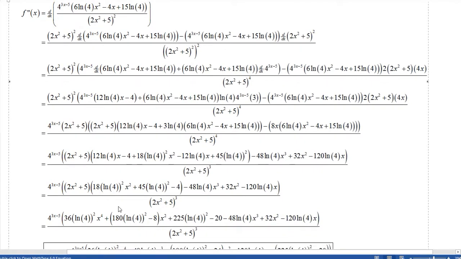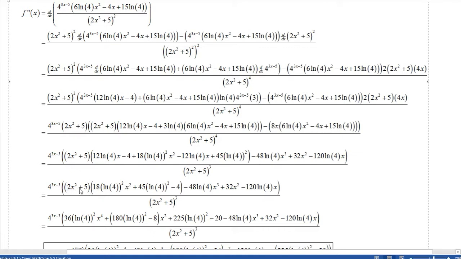And now combine like terms here. Here's an x, well actually I distributed this out. I did the 2x squared times this. Gives me an x to the fourth term, excuse me. And that's 36 ln of 4 squared. And then I've got this, we get a bunch of x squared terms.